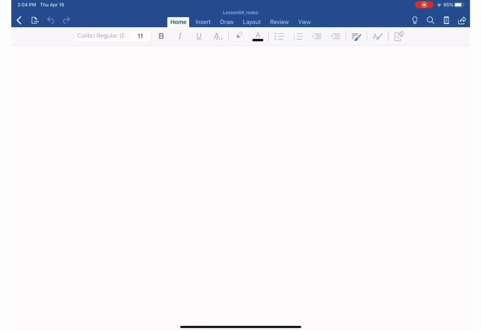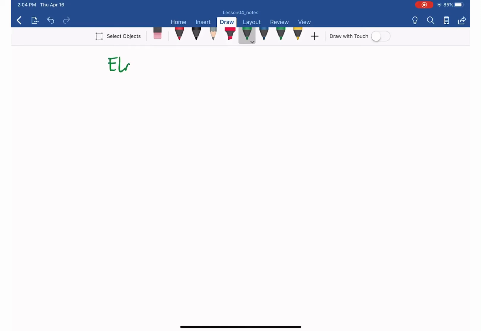Today we start the lesson with modeling the performance of the material with elastoplastic behavior.